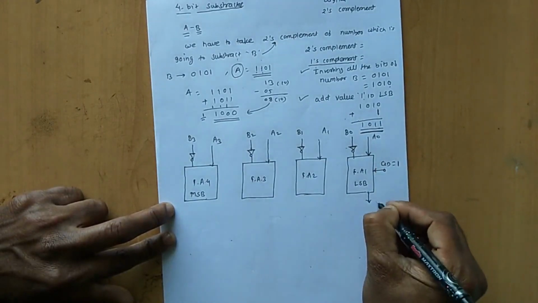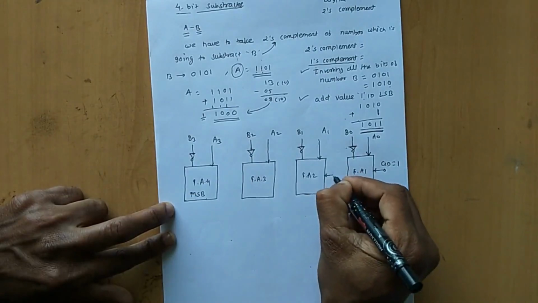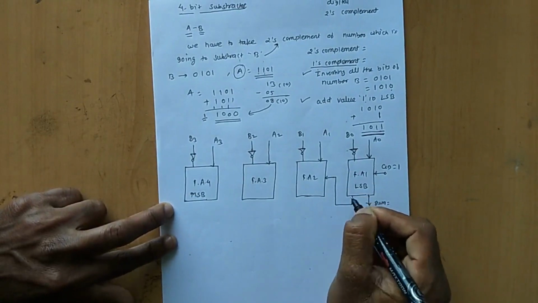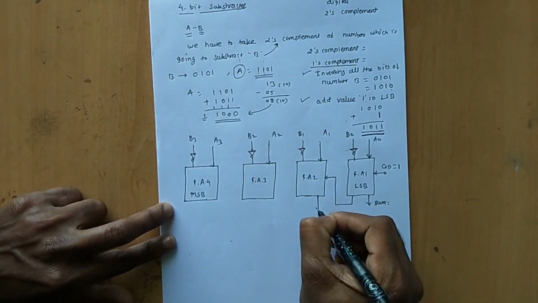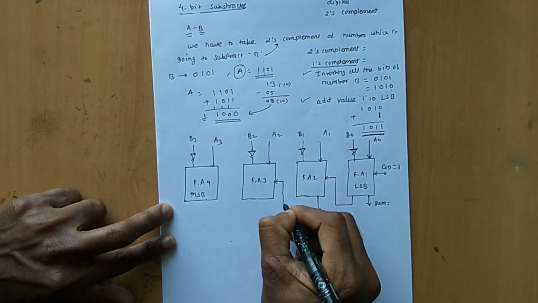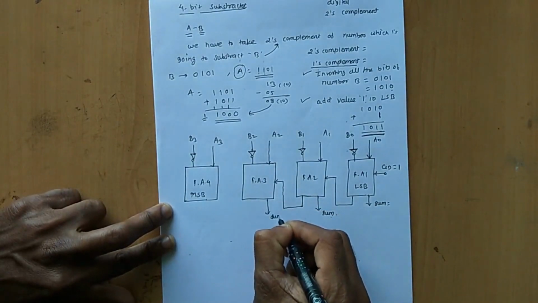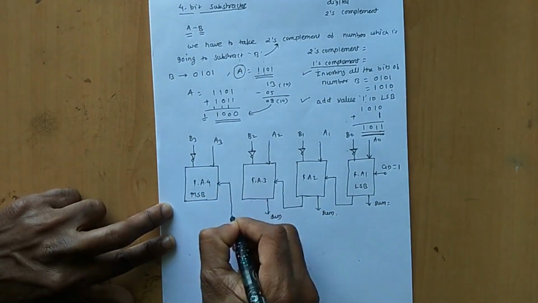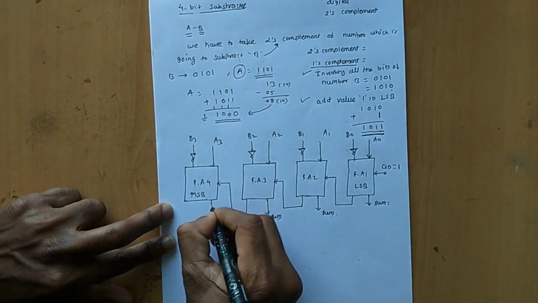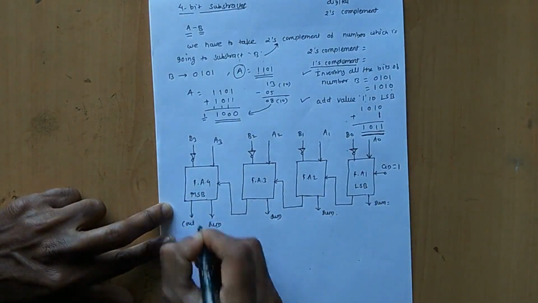These are the sums, and this will be the input for the next stage, the C out of the previous stage. Again this is the sum of the second stage, and this is the C out of the second stage. This is the sum of the third stage, this is the C out, and this is the sum and C out of the last stage.